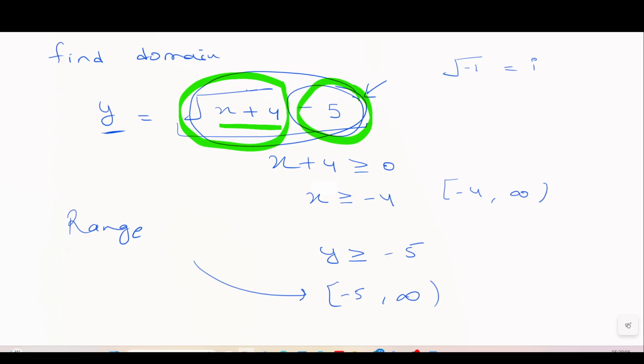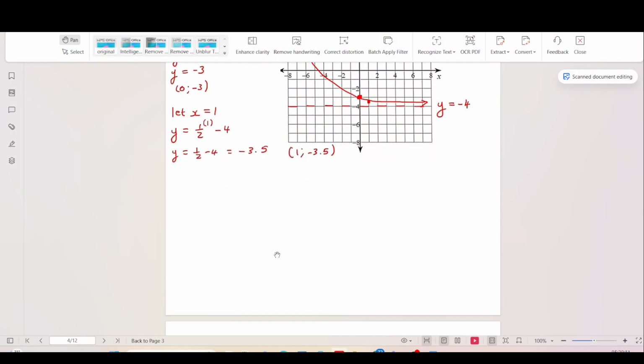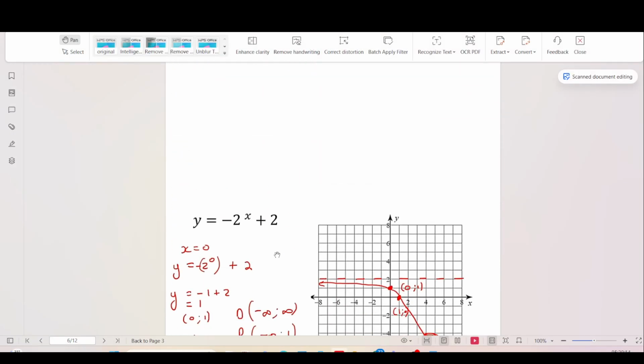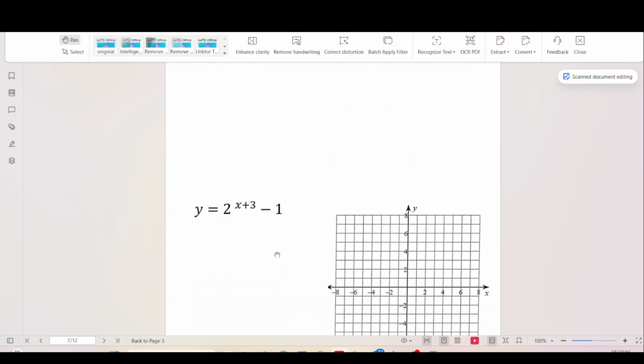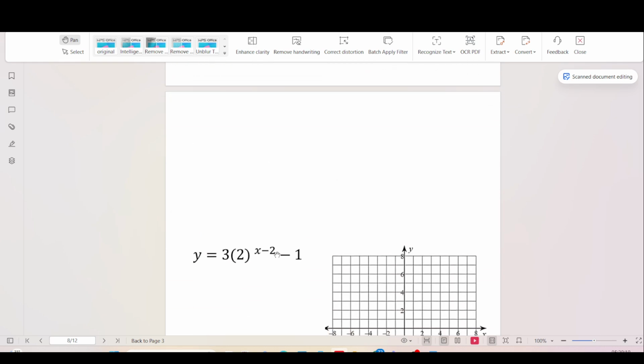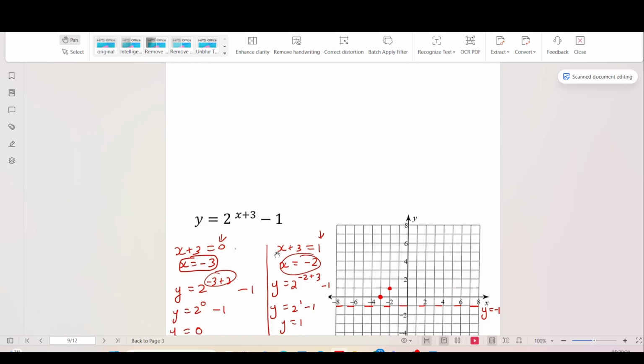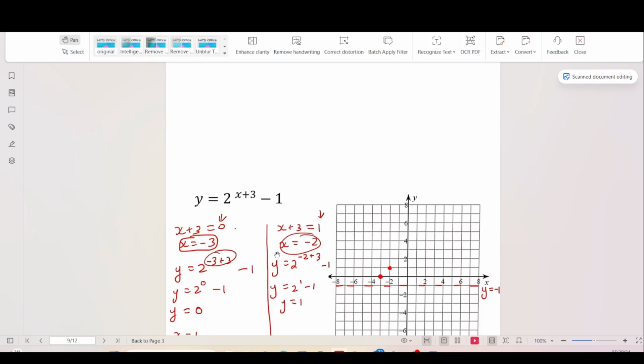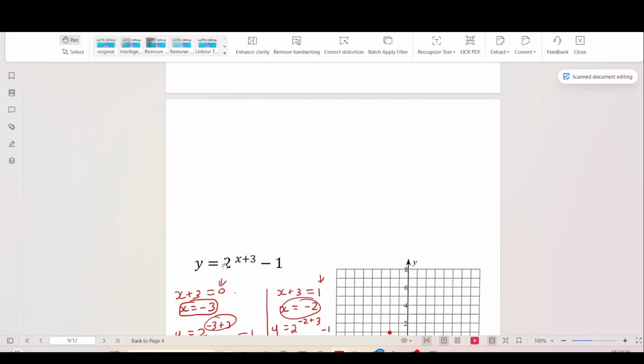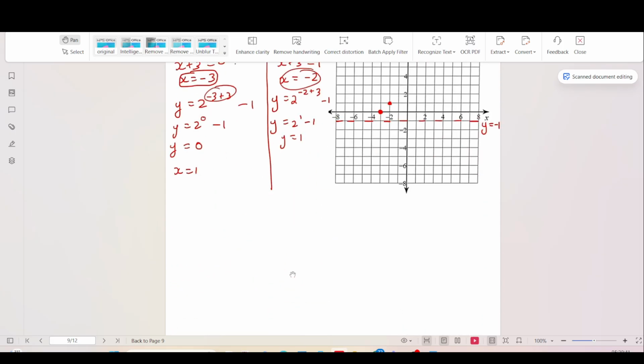In this case, what is the asymptote? The asymptote is y equals negative 1.